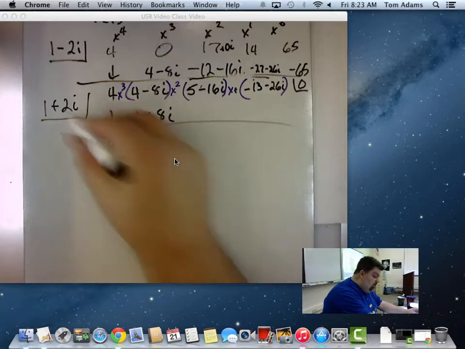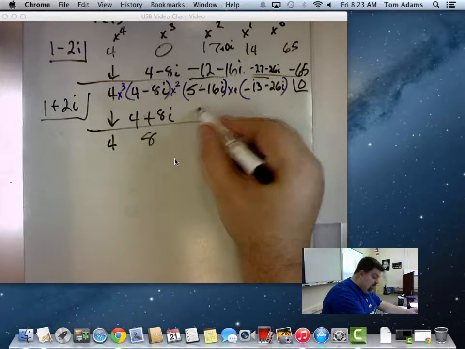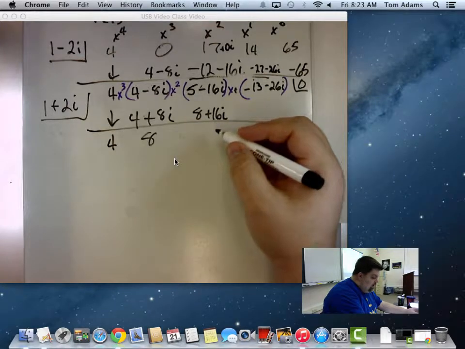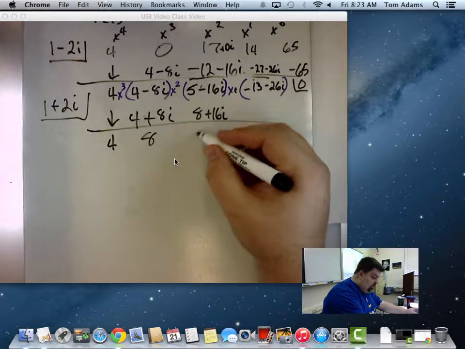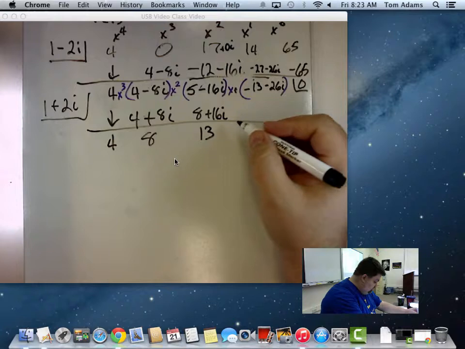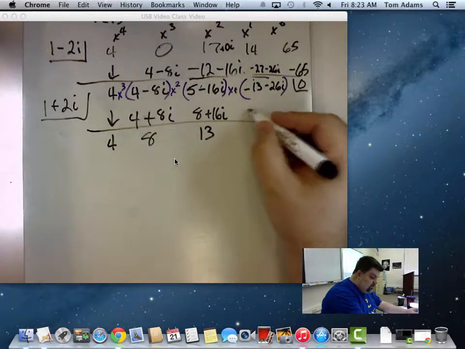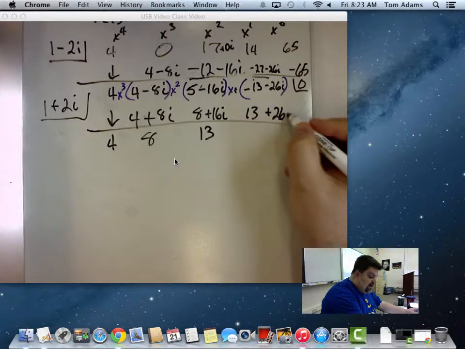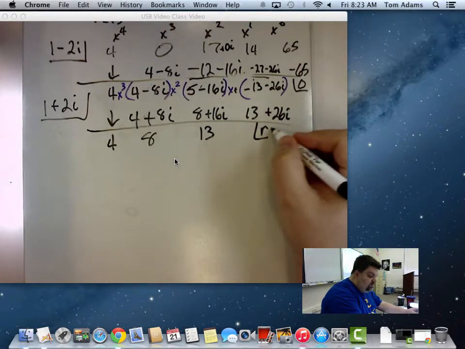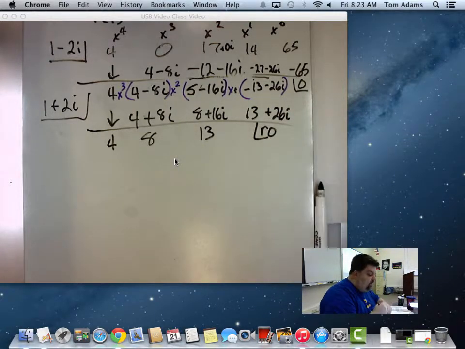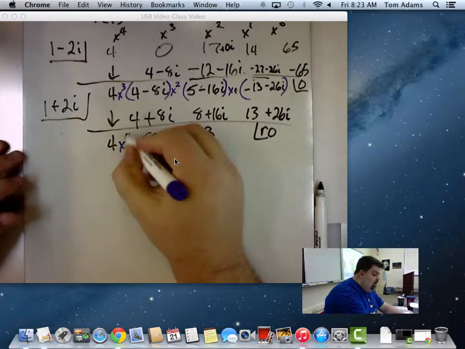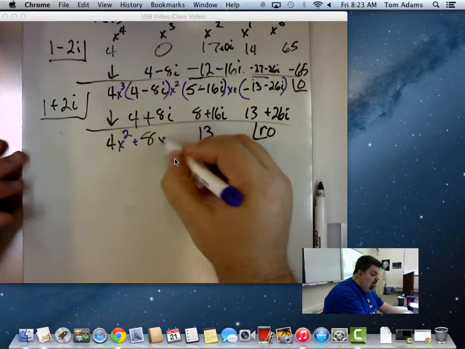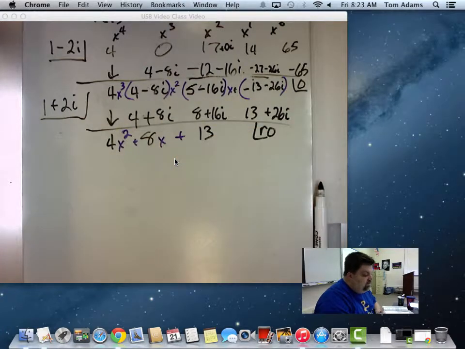Okay. Now when I multiply this by 8, I get 8 plus 16i. And so when I add up the real components there, I get positive 13. And then 13 times this is just going to be 13 plus 26i. And so I get a remainder of 0. So now everything drops down 1 power and I get 4x squared plus 8x plus 13.